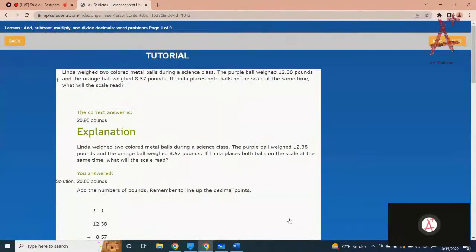Linda weighed two colored metal balls during a science class. The purple ball weighed 12.38 pounds and the orange ball weighed 8.57 pounds. If Linda places both balls on the scale at the same time, what will the scale read? So you have to add them, 12.38 and 8.57. Got it?